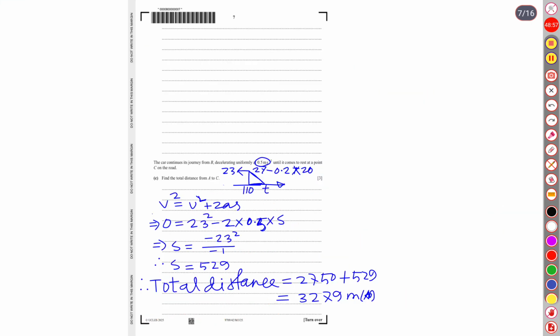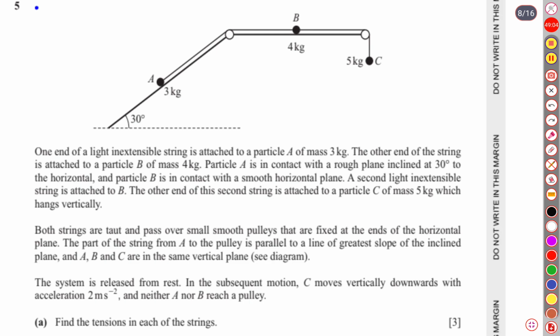Then let's move on to the next question. This is the largest of all questions. It says one end of a light inextensible string is attached to a particle A of mass 3 kg. The other end of the string is attached to a particle B of mass 4 kg.